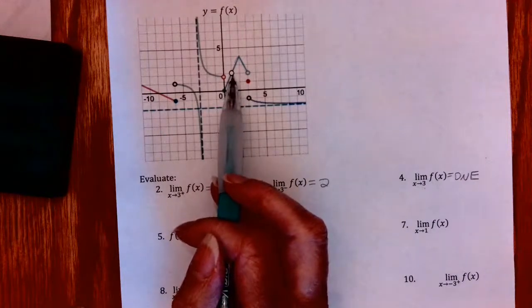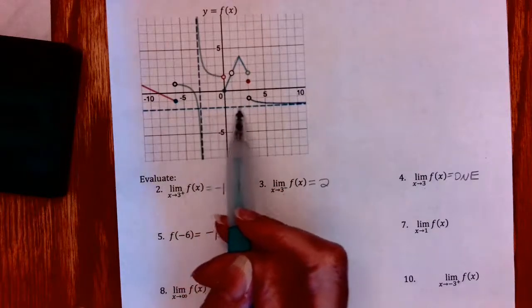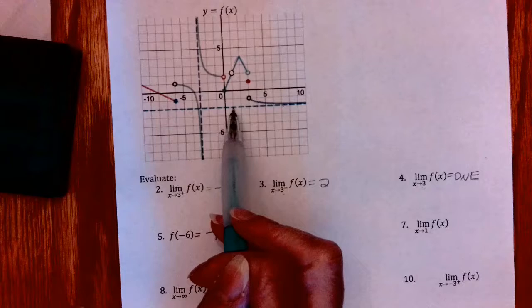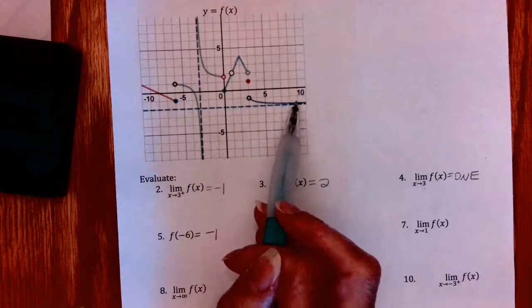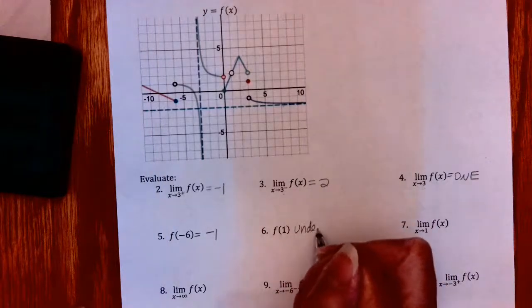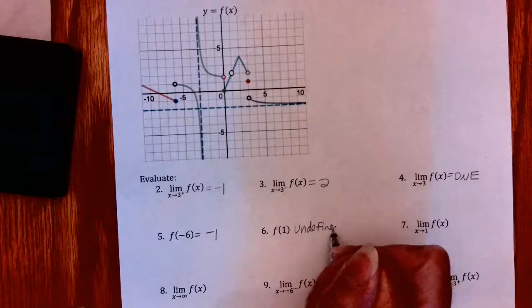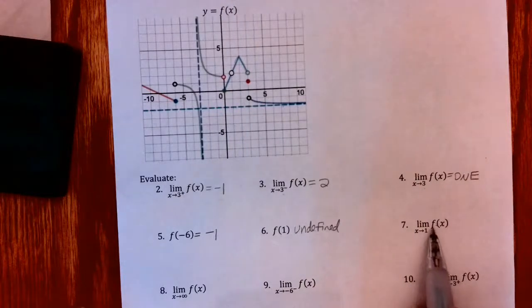This is an open circle, no defined value. This is part of a horizontal asymptote, which technically does not exist. It's a guiding line for the end behavior of my function. So I'm going to say f of 1 is undefined.